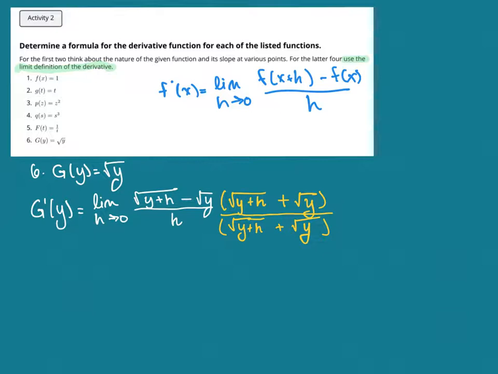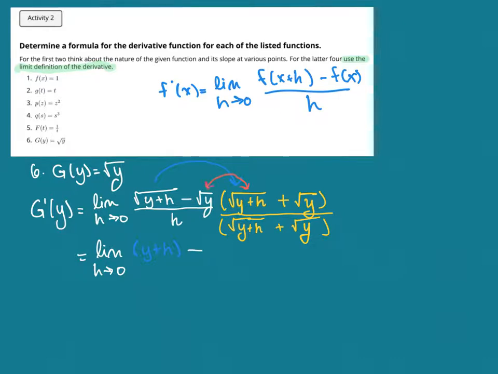All right. And now let us multiply. The limit as h goes to 0 of, let's do the first term. That's the quantity y plus h, minus the, let's do the middle term.